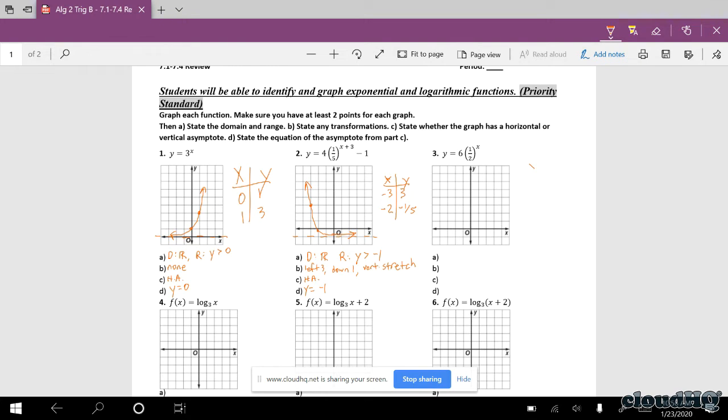Number 3, plug in 0, plug in 1, so I get a 6, 0, 6, and then I get 3 when I plug those in. My asymptote is going to be at a 0 because there's no K value.